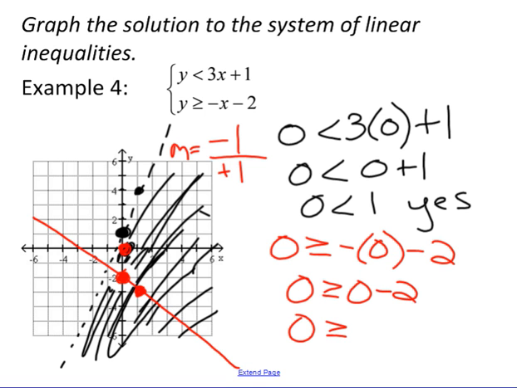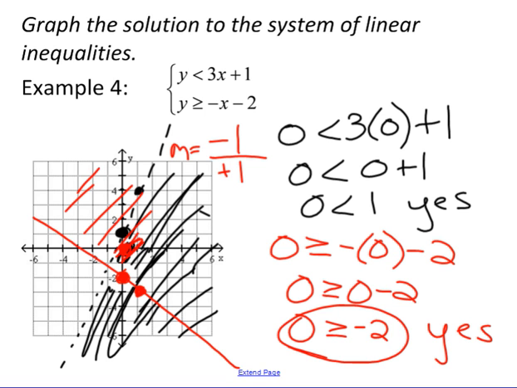Simplify the left side and the right side. 0 subtract 2 is -2. And the question is, is 0 greater than or equal to -2? Again, that's yes. Since it's yes, we're going to shade covering up this test point. Remember to shade lightly because you will have to erase some of it.